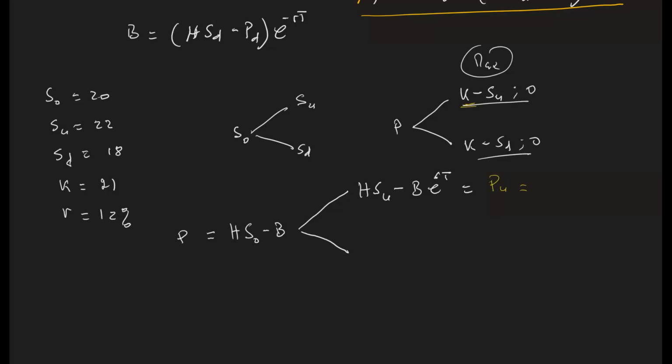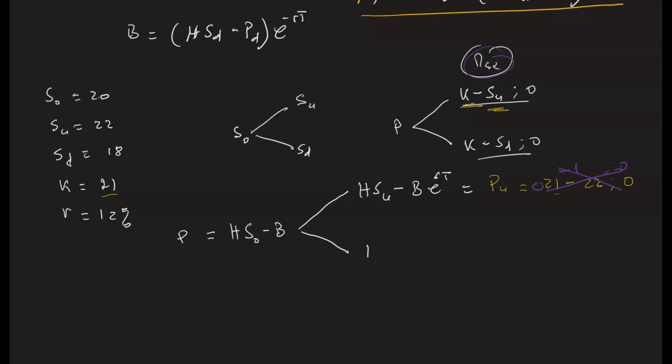It's the maximum of the strike price minus stock up. The strike price is 21, so it's going to be 21 minus stock up 22, and 0. 21 minus 22 is equal to minus 1, and 0. And remember, we're taking the maximum, so this is going to be equal to 0. Our put up is going to be equal to 0.